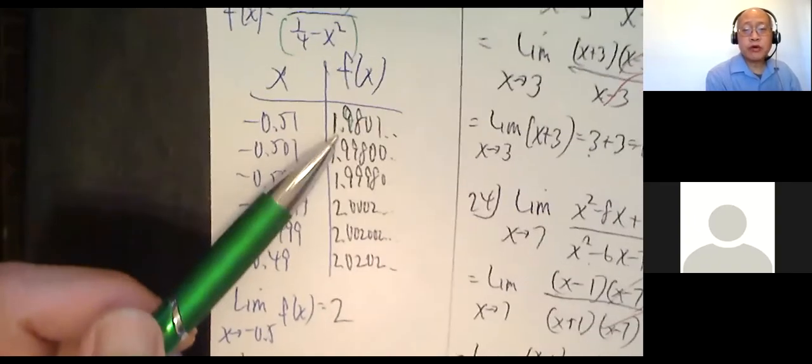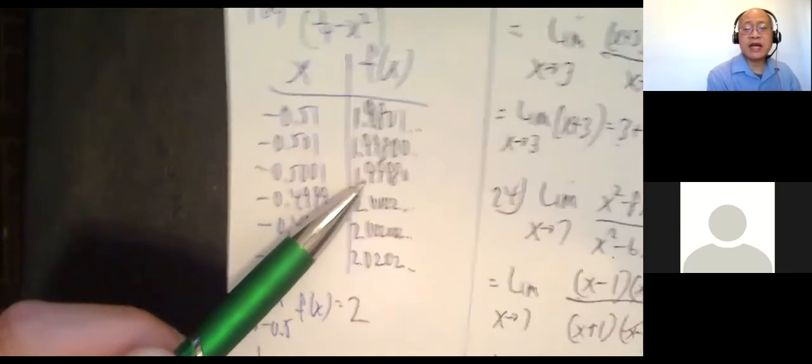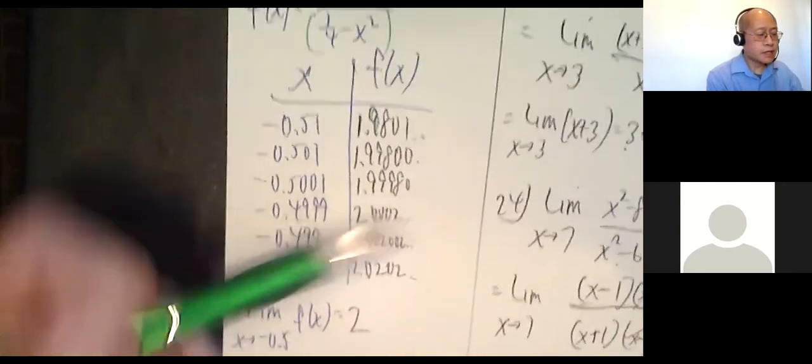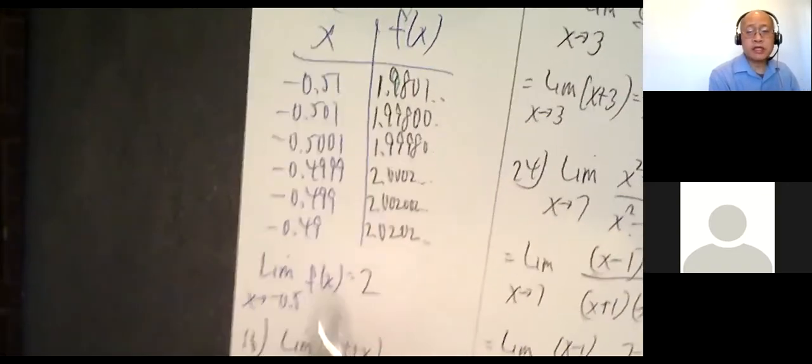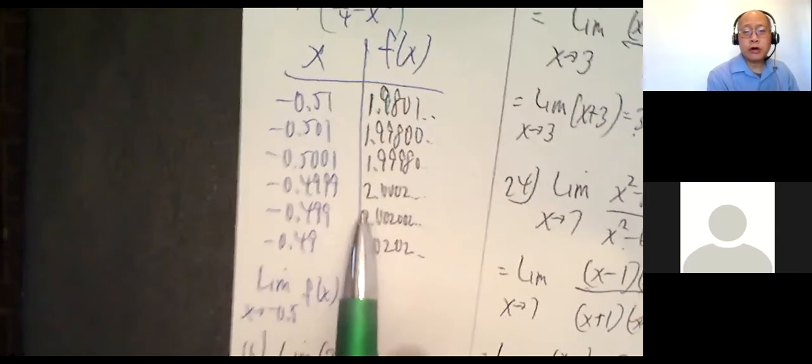And here's what you get. Coming from the left side, 1.98, 1.998, 1.9998. The top 3 going this way. And then going from the right side, 2.02, 2.002, 2.0002.